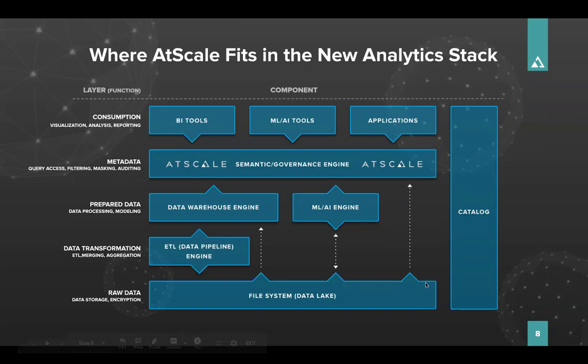And of course, we can give you access to the raw data, so you can get clean data and raw data all in the same platform, all integrated with your favorite data catalog. So we have one semantic layer and one vernacular for the entire organization.